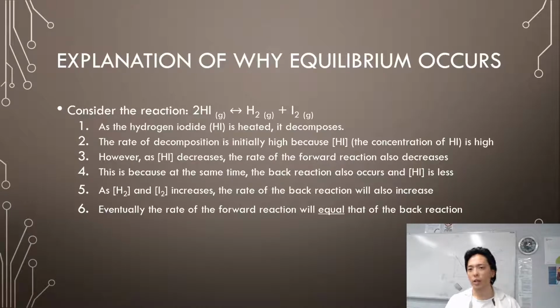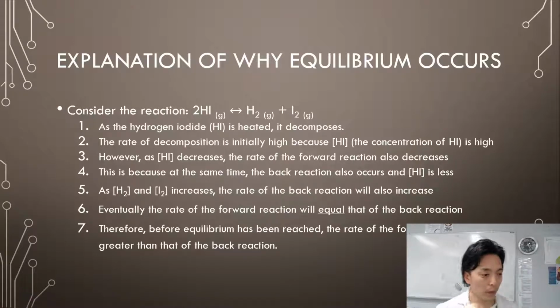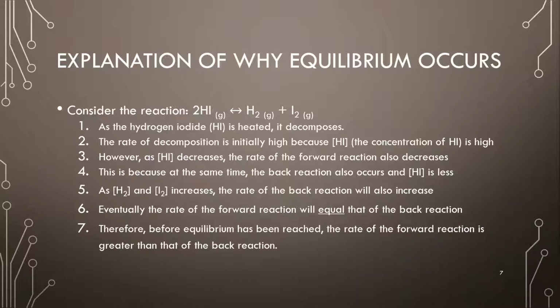Eventually, the rate of forward reaction will equal the back reaction. Therefore, before equilibrium has been reached, the rate of forward reaction is greater than that of the back reaction.